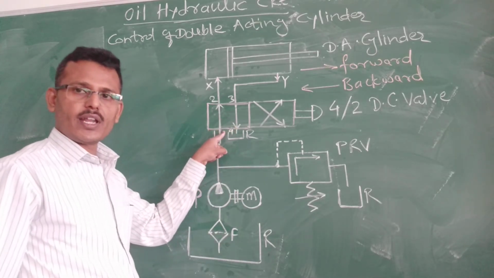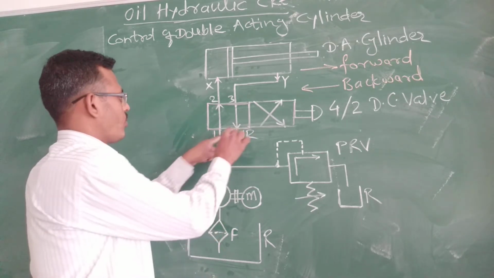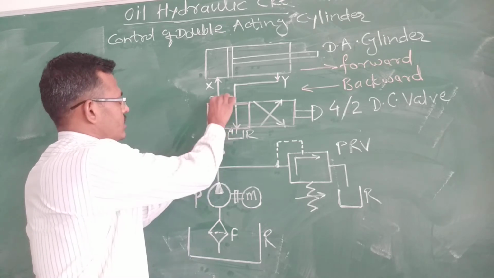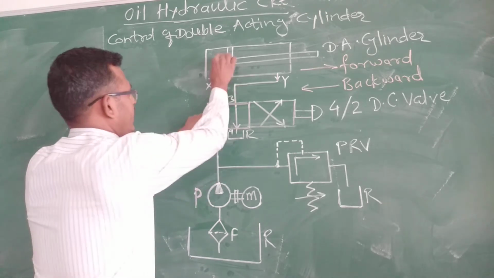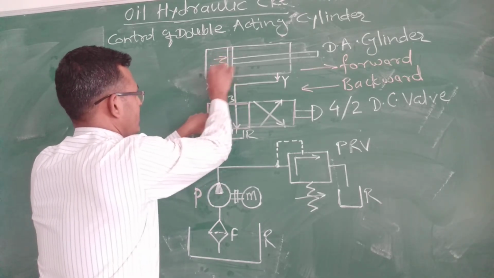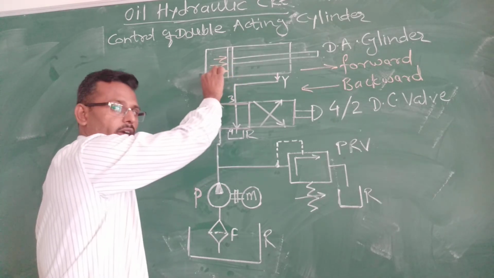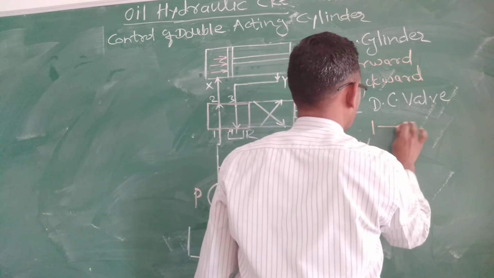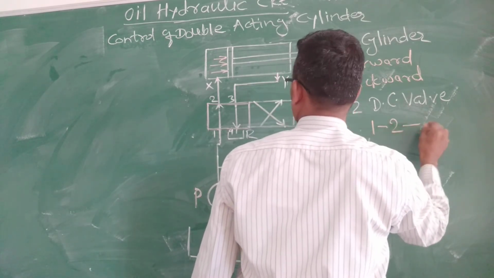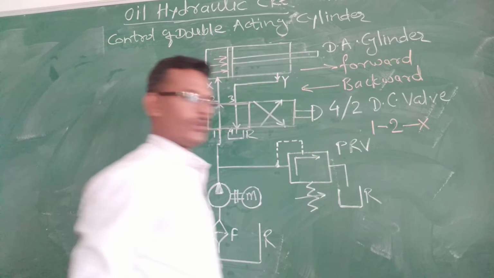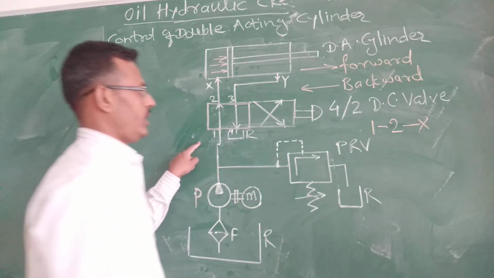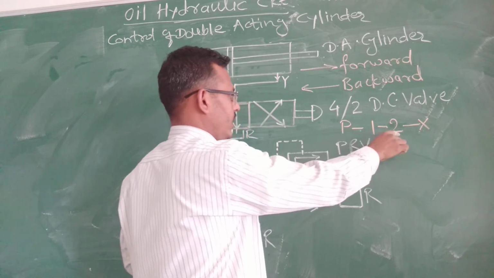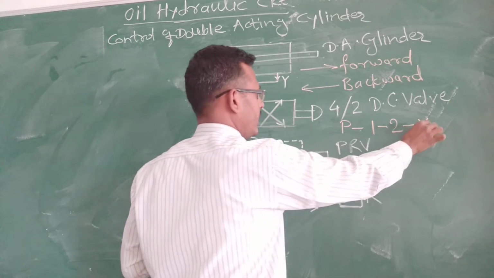This pressurized oil is admitted into the 4x2 direction control valve through port 1, then it passes through port 2, and finally it is admitted inside the cylinder through its inlet port X. That means 1 to 2 to X. In this way the oil flows from pump to port 1, then through port 2 and finally to port X.